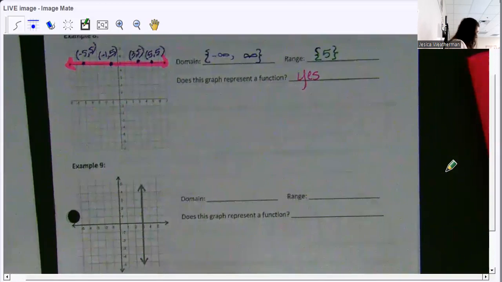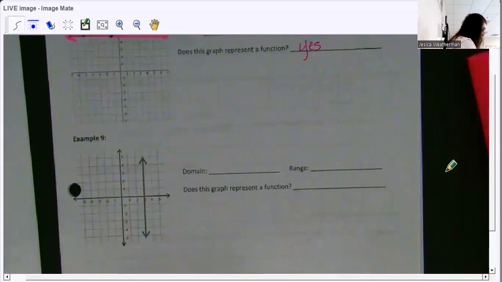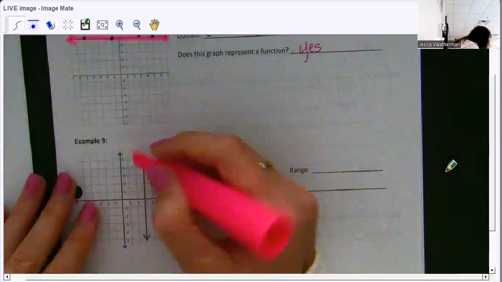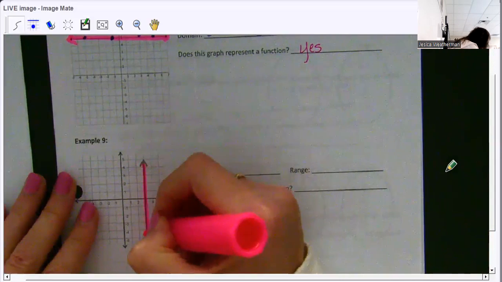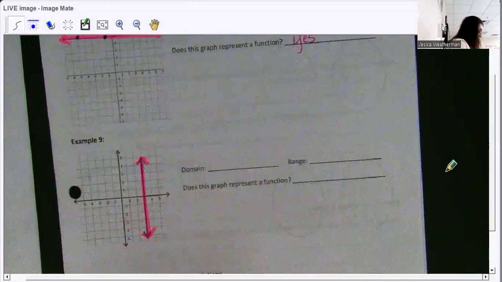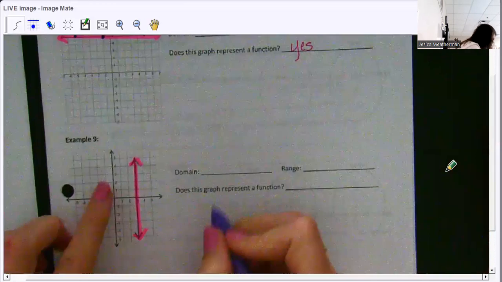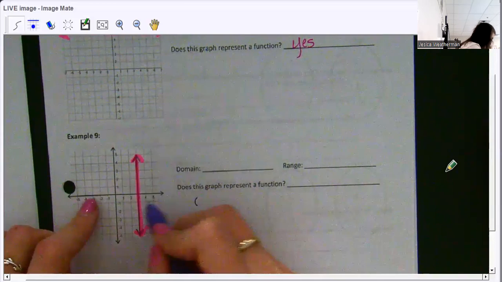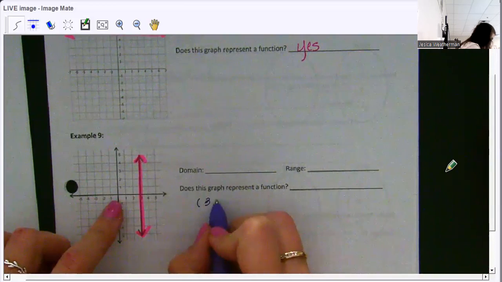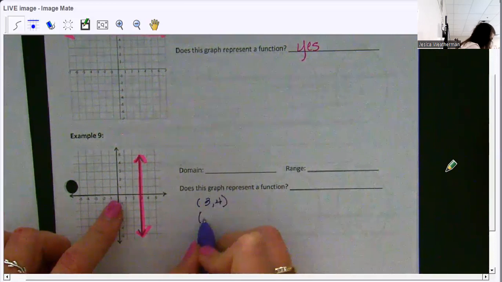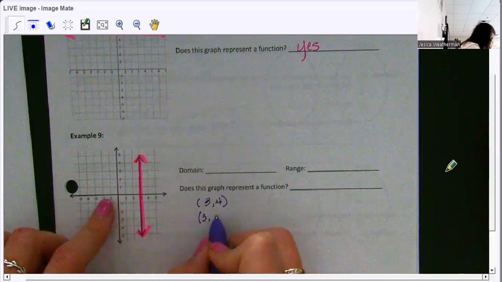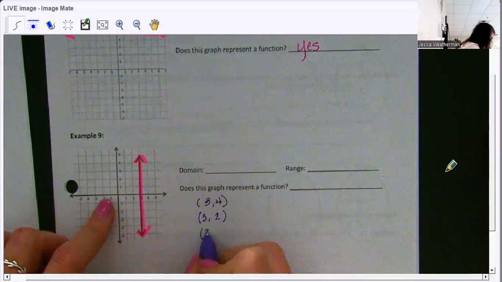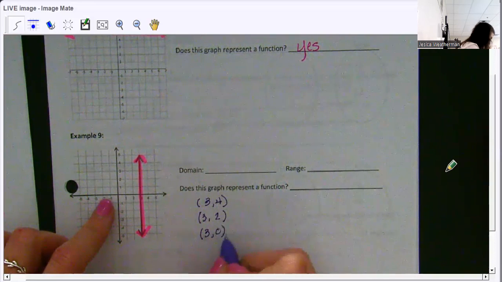Okay, so then let's look at this example 9. Here's our line. And if I were to write down some ordered pairs, I have 3, 4. I have 3, 2. I have 3, 0. I have 3, -2.